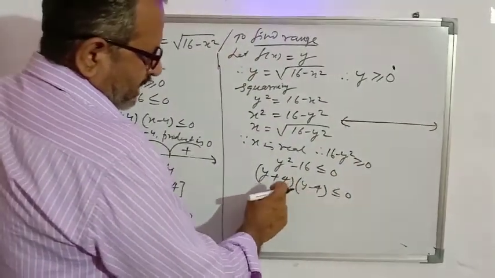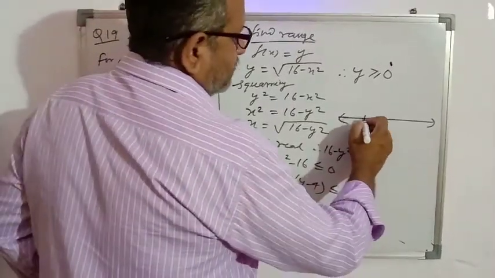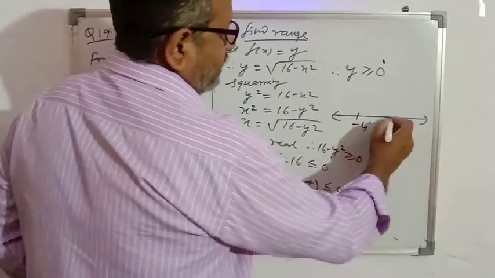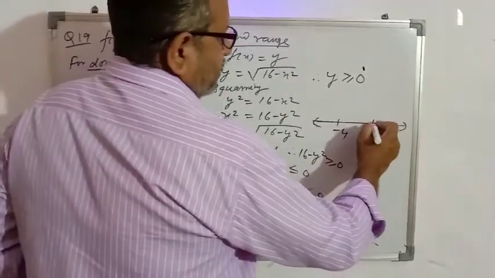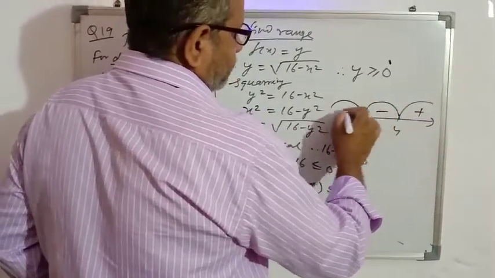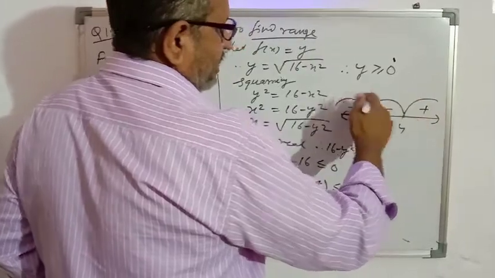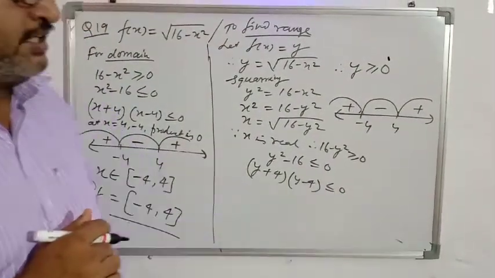At y equal to -4 and 4, the product will be 0. So -4 is smaller, we will take the left side, and 4 is greater than -4, the right side. The intervals are positive, negative, positive. From the right side we take positive, negative, positive. So this product is less than or equal to 0.